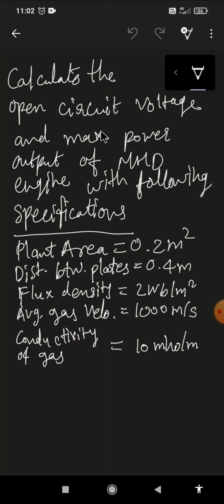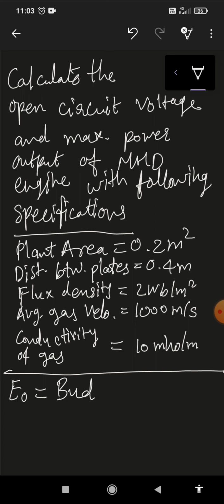What we need to calculate is the open circuit voltage E0, and E0 is BUD, as we know. We need the open circuit voltage and the maximum power output, P max. So P max also we need to find out.